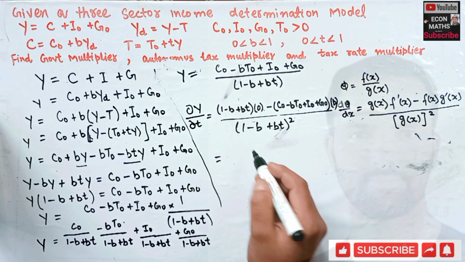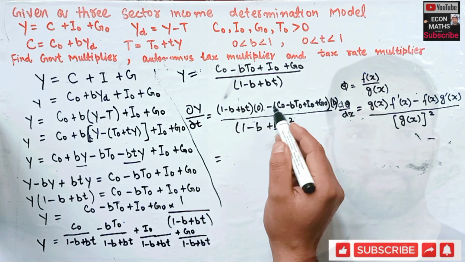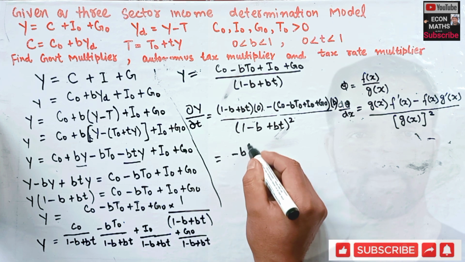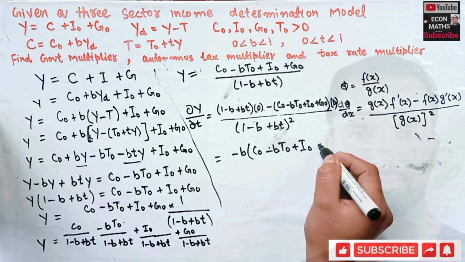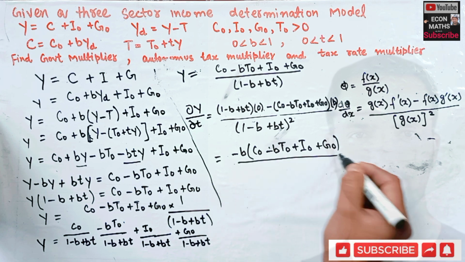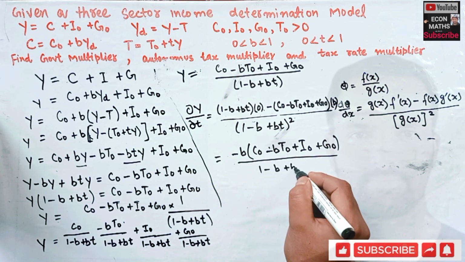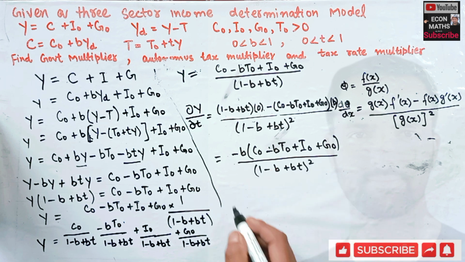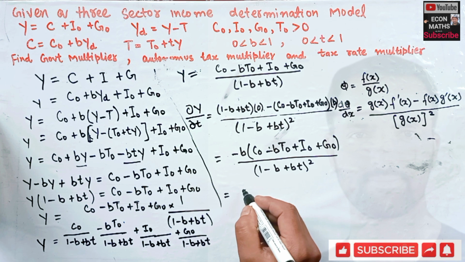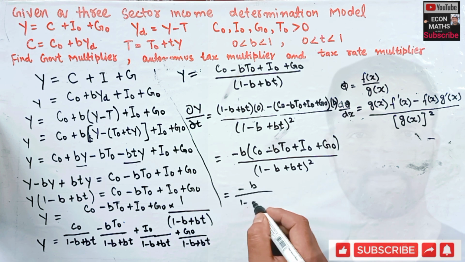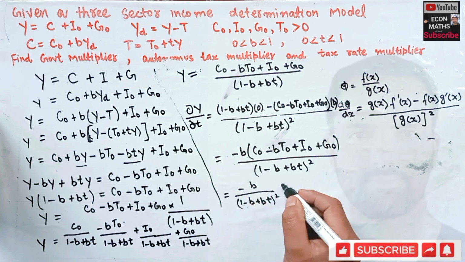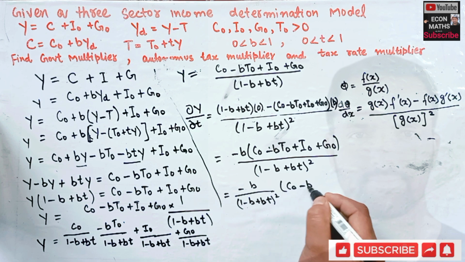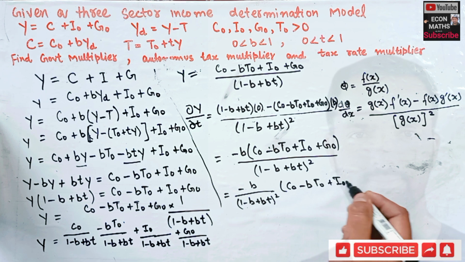Now anything multiplied by 0 is 0, and we have here b. If we take it on here, we are left with minus b into c naught minus b t naught plus I naught plus g naught, okay, upon 1 minus b plus bt square, or we are left with minus b upon 1 minus b plus bt square, and we have c naught minus b t naught plus I naught plus g naught here, okay.